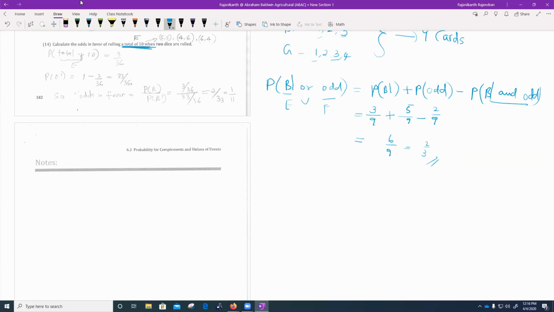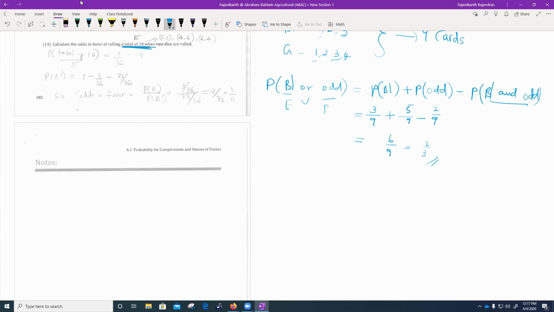Among all 36 outcomes, a total of 10 can occur in 3 possible ways: 5,5; 4,6; and 6,4. Therefore, I'm finding the probability of this event. That is 3 over 36. Remember, 36 is my total number of outcomes.